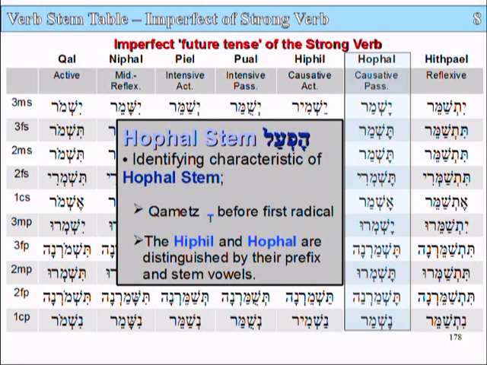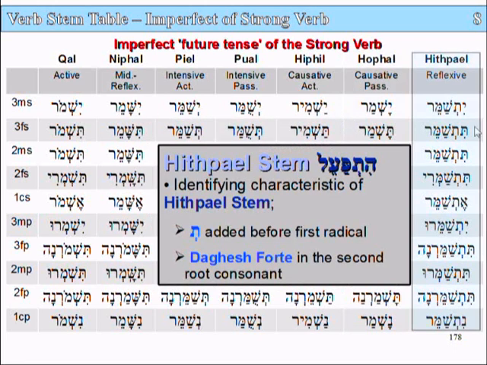Of course, the hitpael does have a different consonant. It has an added tav here, a tav with a vocal shva there. So instead of Yishmor, we have Yitshamer. So again, the hitpael is quite recognizable because of that tav added to it.